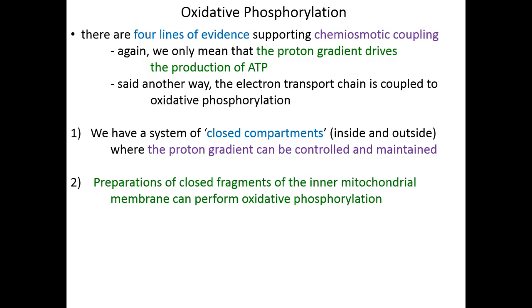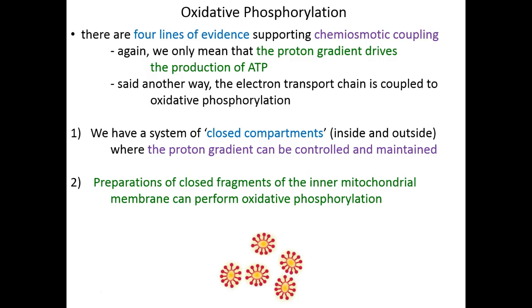Two, experimentally, we can isolate bits and pieces of inner mitochondrial membrane that have ATP synthase in them, and we can close those bits of inner mitochondrial membrane up and manipulate pH, manipulate proton concentration gradient, and we can actually get ATP to be made.